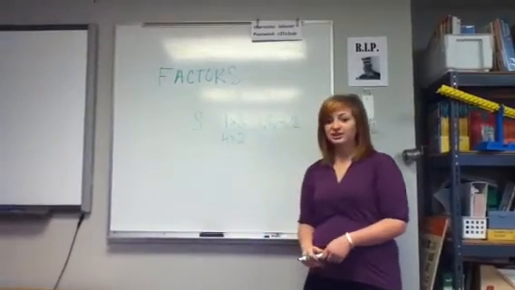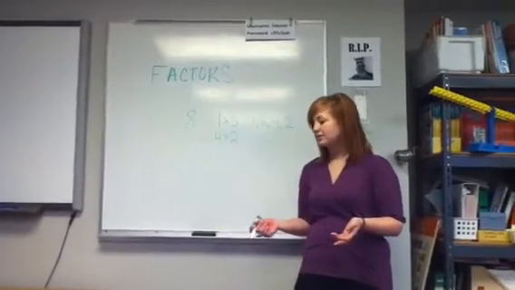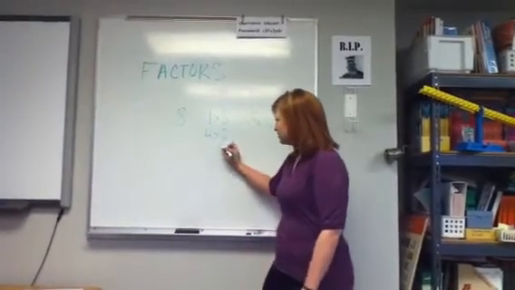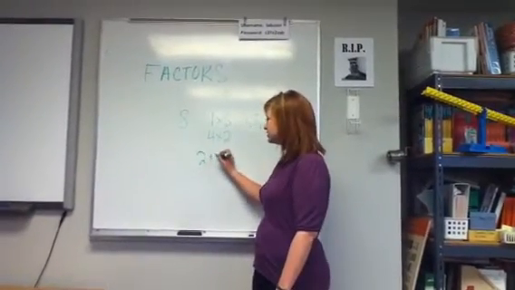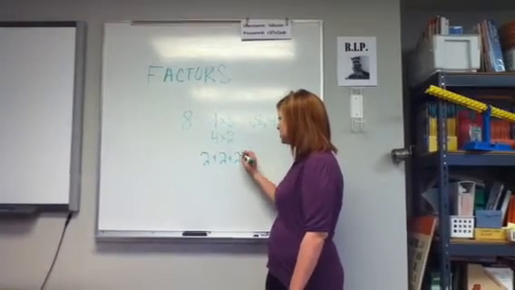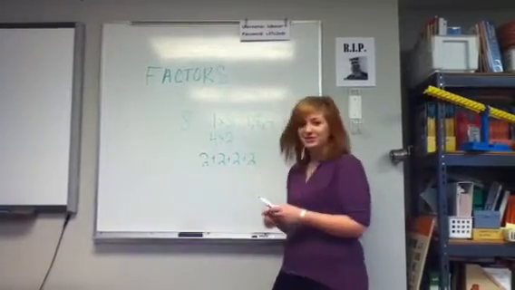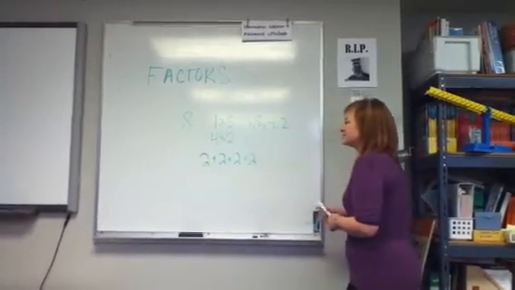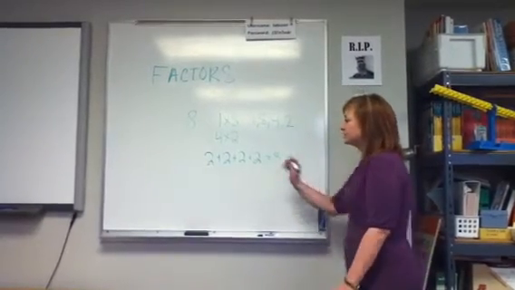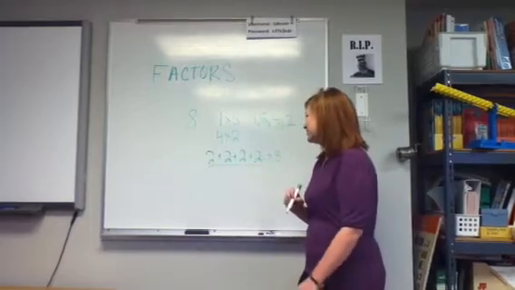So, to check yourself and to understand why it's a factor, we could look at it like this. 2 plus 2 plus 2 plus 2, for 4 times 2, gives you 8. Or 4 sets of 2, that's this, 4 sets of 2.